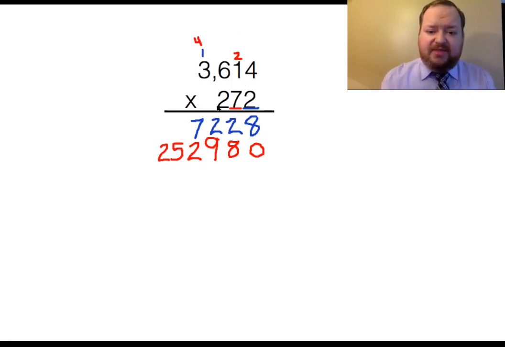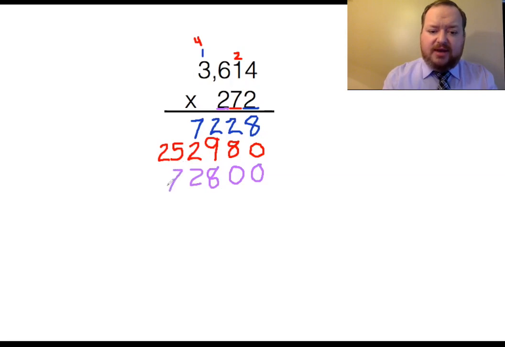Now we're going to multiply everything by the 2 in the hundreds place, or by 200. So now that we're multiplying by hundreds, I'm going to have 2 zeros down here to mark that we're multiplying by 200 and not just by the number 2. So 2 times 4 gives me 8. 2 times 1 is 2. 6 times 2 is 12.